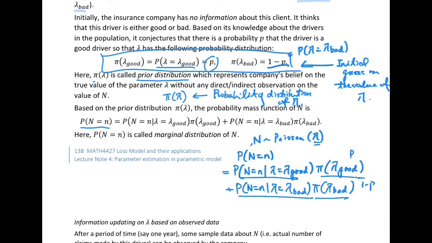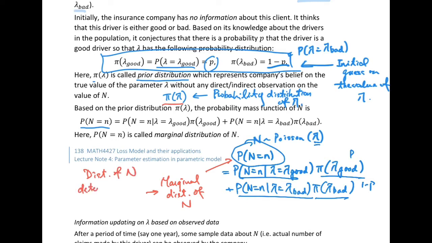Then you can obtain the distribution of your original random variable N. The distribution of N which you obtain from this initial guess is what we call the marginal distribution of N, which is defined as the distribution of N determined based on the pilot distribution of lambda, which is your initial guess.